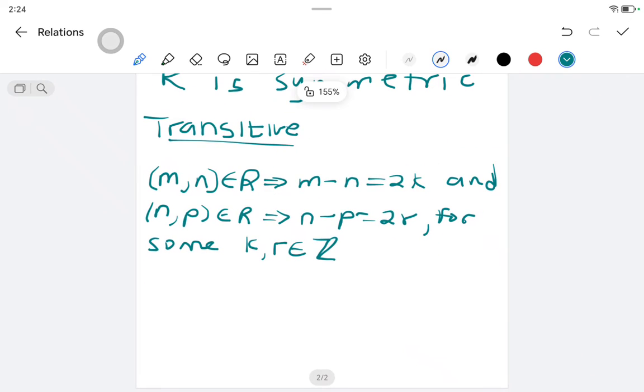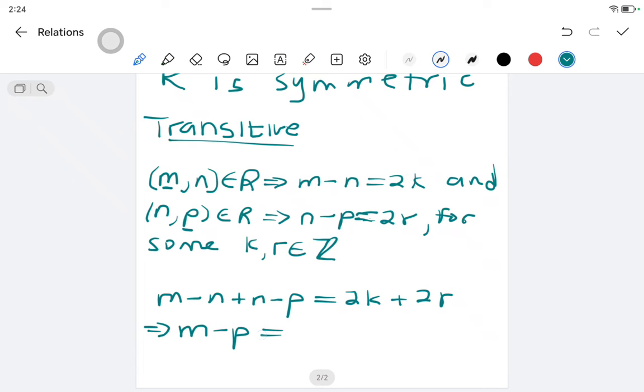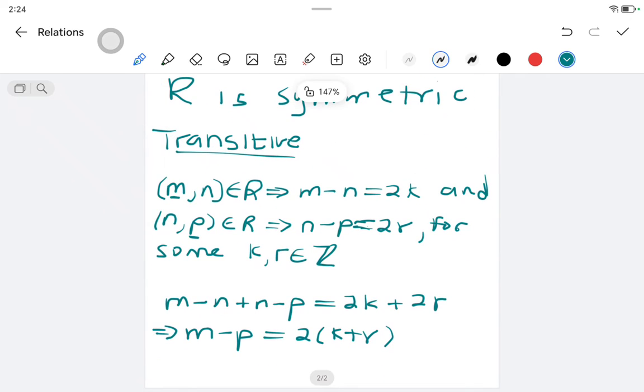So now the idea is to check if m is related to p. For us to check that, we can either add these or subtract them. The best way is to add them. If I take m − n plus n − p, which is equal to 2k plus 2r, this implies that n cancels n, and m − p is equal to 2(k + r).